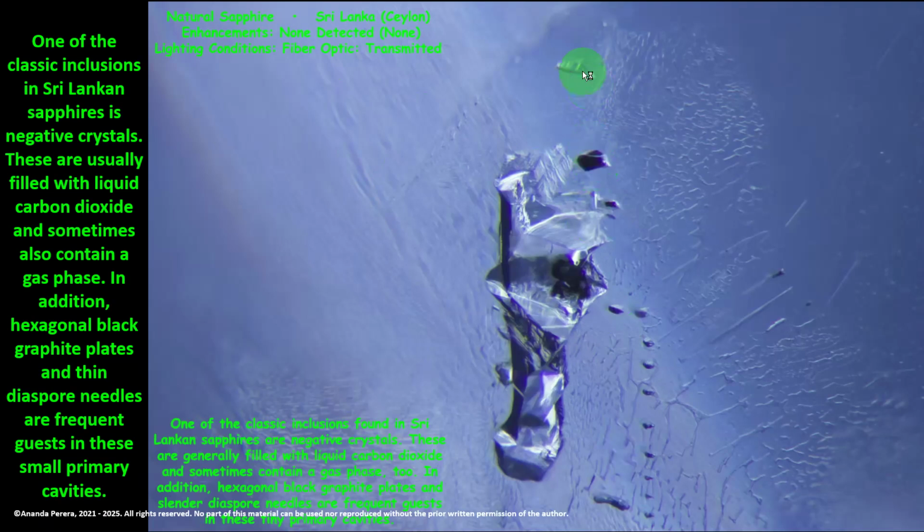Liquid carbon dioxide is here inside the negative crystal. Sometimes the carbon dioxide gas may be there. In addition, hexagonal black graphite plates, the shape is hexagonal, and thin diaspore needles are frequent guests in these small primary cavities.